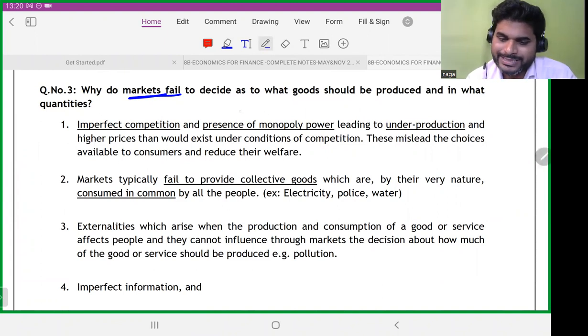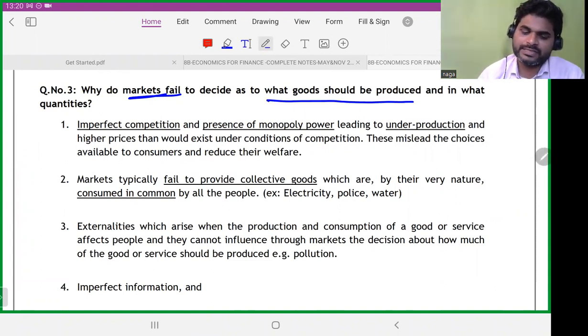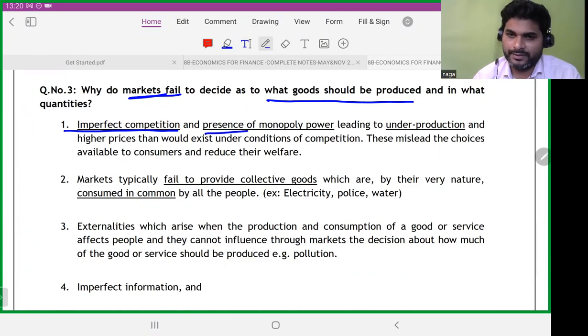One particular thing we've discussed: imperfect competition and presence of monopoly leading to underproduction. The examples we have taken: one, vaccines; second, essential commodities like onions.